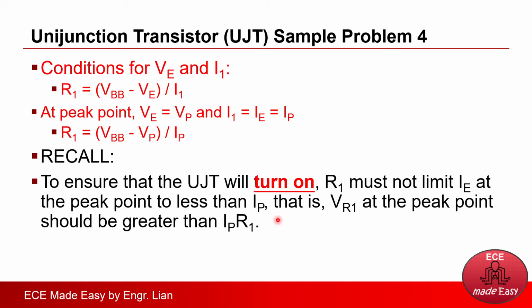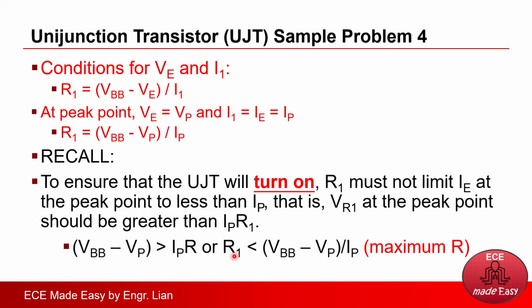That is, VR1 at the peak point should be greater than IP times R1. To summarize, here is the equation. This given equation of R1 should be modified as R1 should be less than VBB minus VP over IP. That equation will help solve the maximum value of R1.